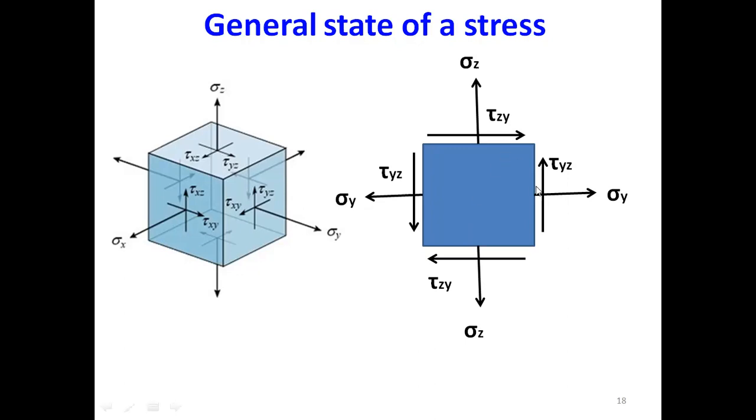We call them cross shears. These are cross shears, tau yz and tau zy, and remember that cross shears would always be equal in magnitude but opposite in direction. And here we could see that we would have three cross shears.